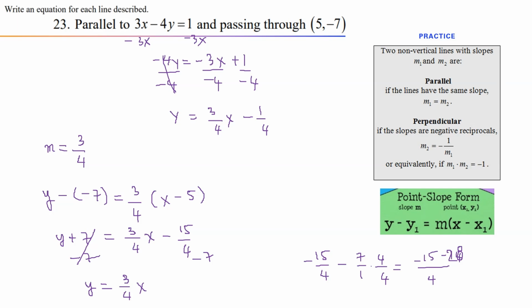So we will have negative 43 over 4. So we have that minus 43 over 4.